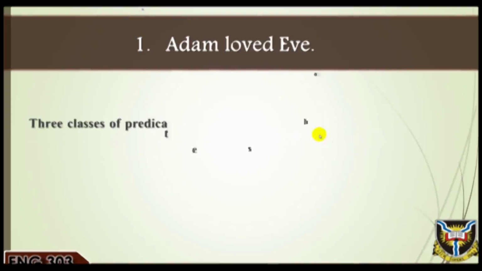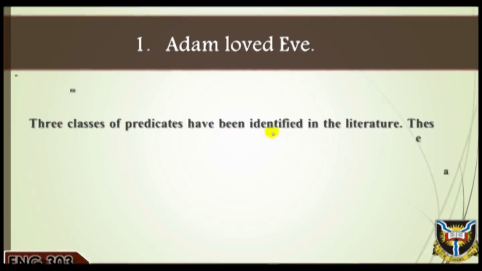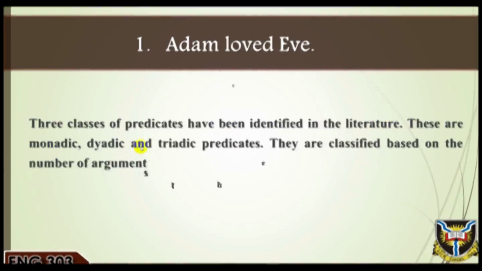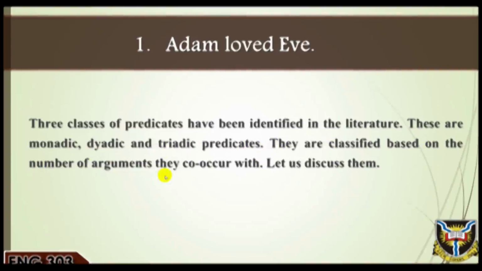Three classes of predicates have been identified in the literature. These are monadic, dyadic, and triadic predicates. They are classified based on the number of arguments they co-occur with.